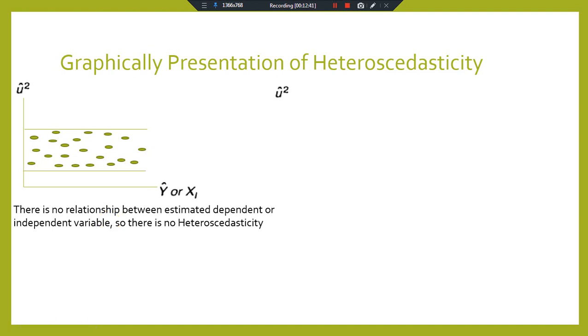If there is a relationship between the independent or dependent variable and our variance, then we can say there is a heteroscedasticity issue in our data.